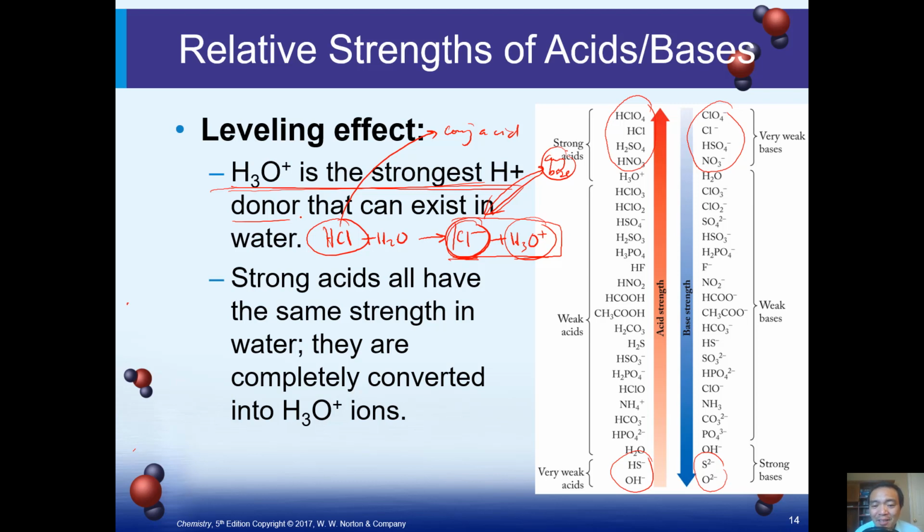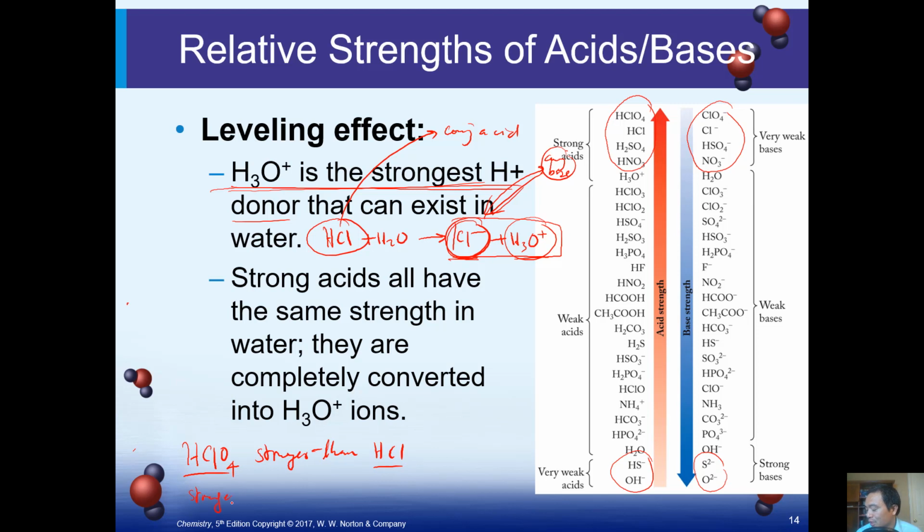So some acids might be stronger than the other one, but they will show the same acidity. For example, we do know perchloric acid is a stronger acid. This is stronger than HCl, and both of them, as we learned, are strong.